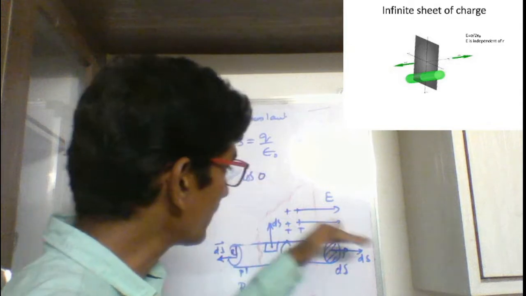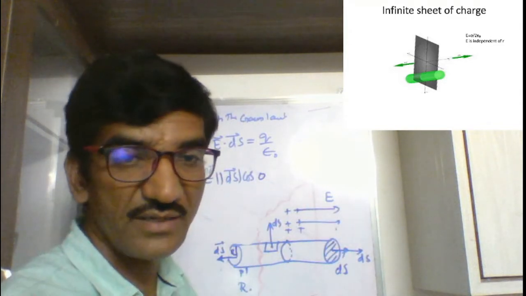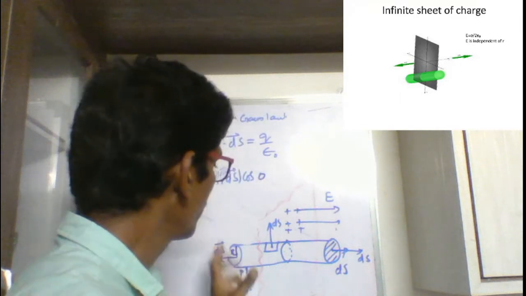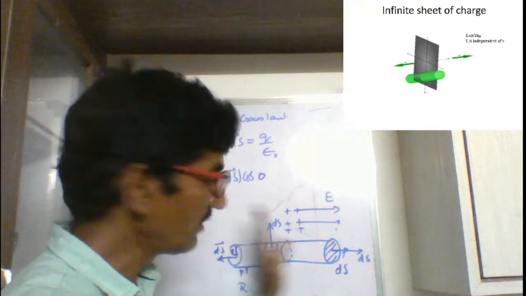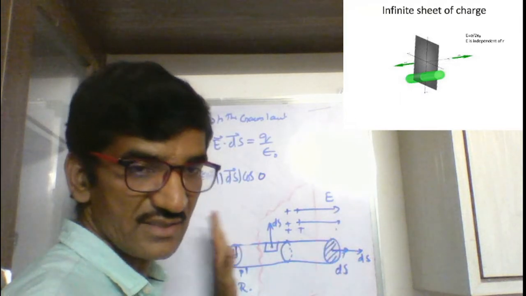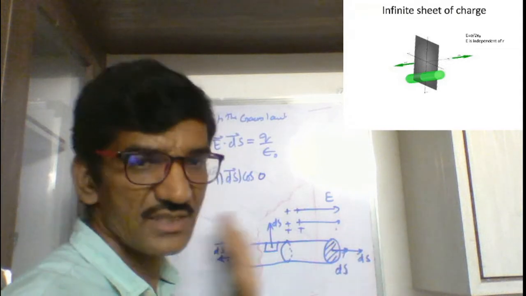What is the direction of electric field? Horizontal. So in this case, theta will be 90 degrees. So we are writing E ds cos theta for this surface and this surface.